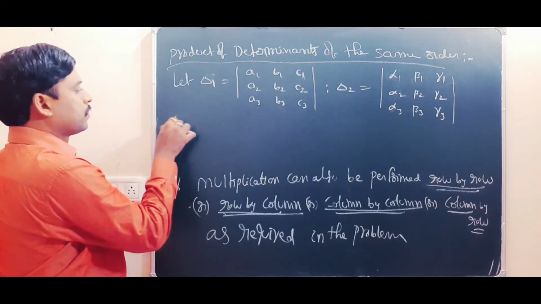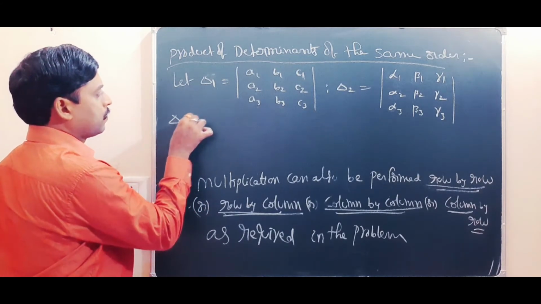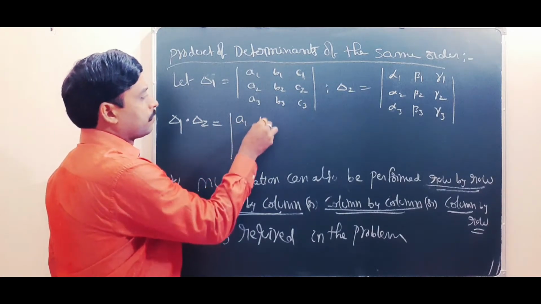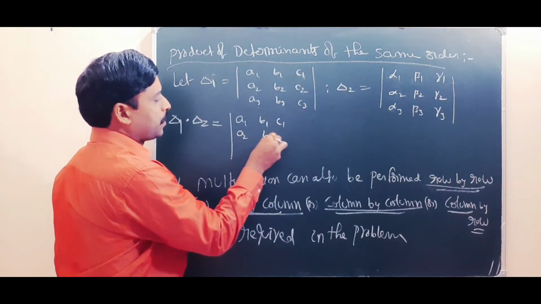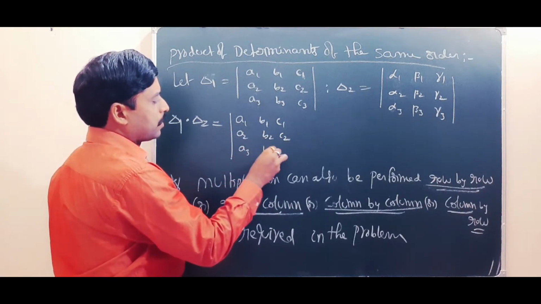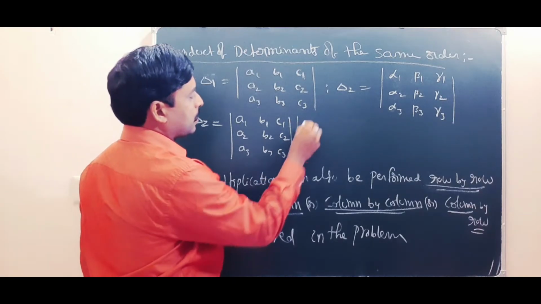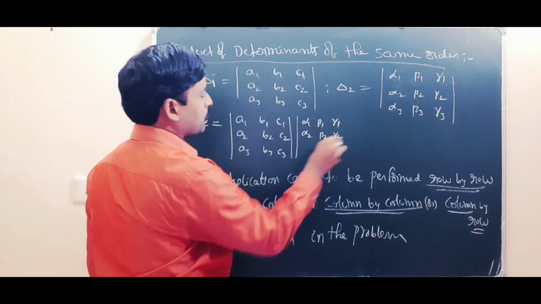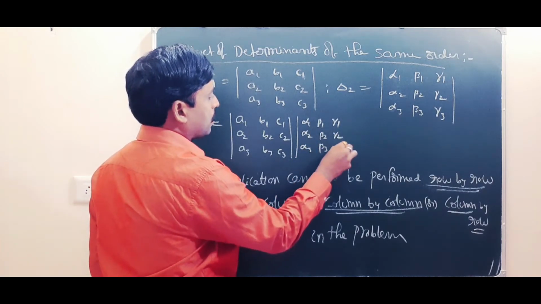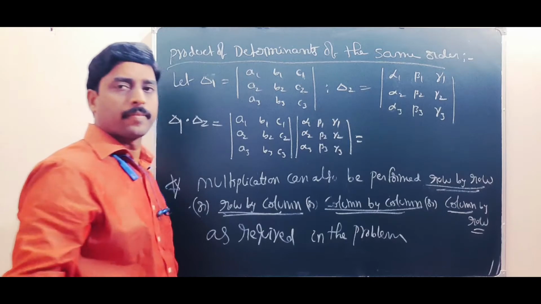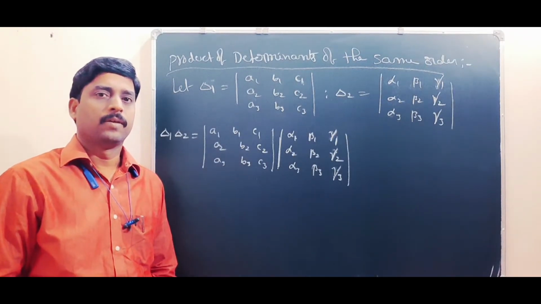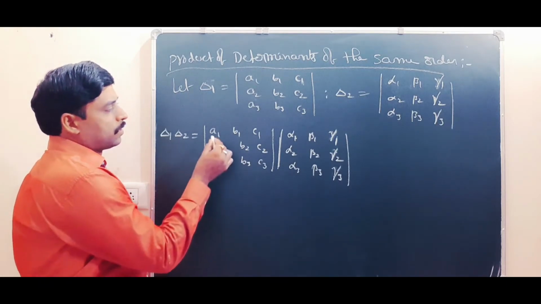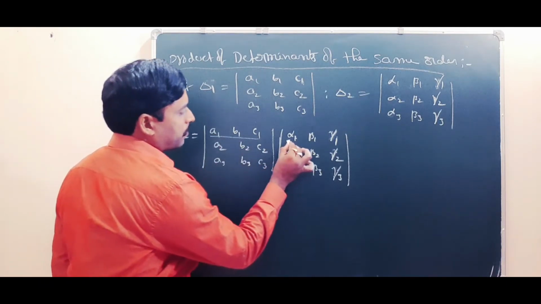So let us do column by column multiplication. Delta 1 into delta 2 will be A1, B1, C1, A2, B2, C2, A3, B3, C3 into the determinant of alpha 1, beta 1, gamma 1, alpha 2, beta 2, gamma 2, alpha 3, beta 3, gamma 3 equal to. Okay, now explain row by row multiplication. So first row multiply with first row.